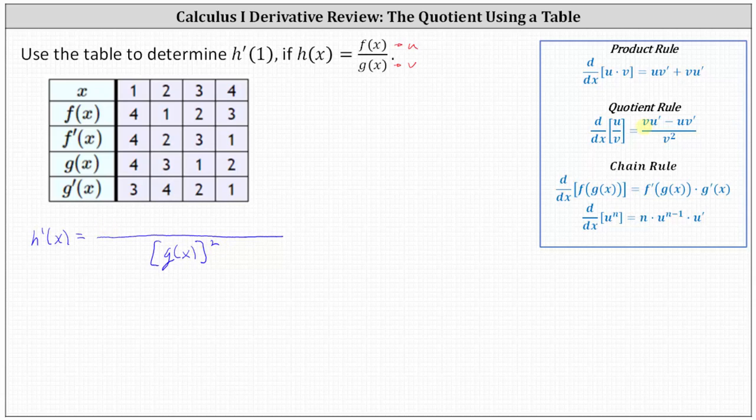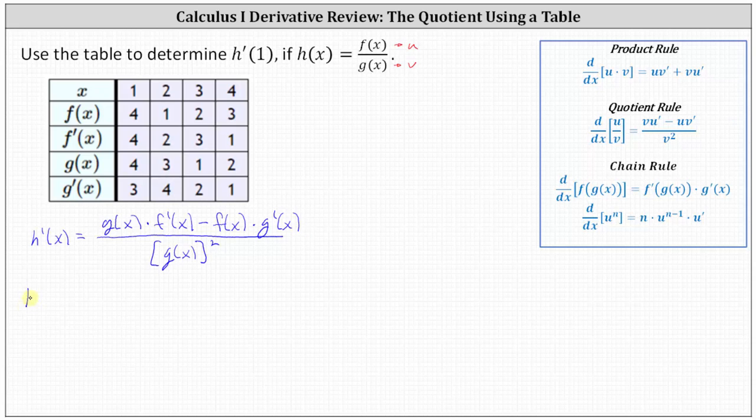And the numerator is v, or the denominator of g of x, times u prime, which is the derivative of the numerator, which is f prime of x, minus u, which is the numerator of f of x, and then times v prime, which is the derivative of the denominator, which is g prime of x.